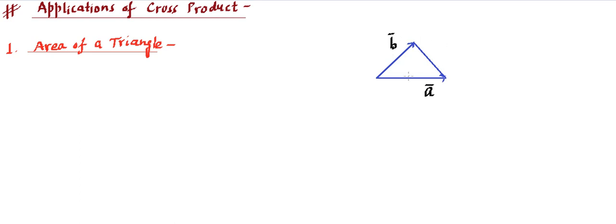Now this triangle's area can be easily identified. We can think of this point as O, the origin, and this point is A, the terminal point of A, and this is point B.